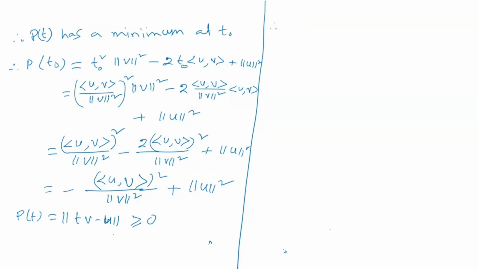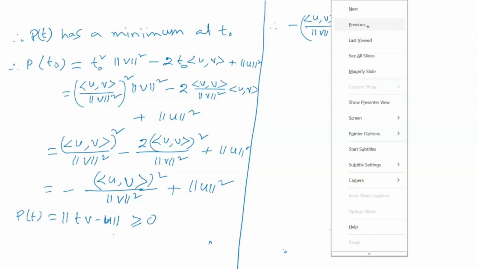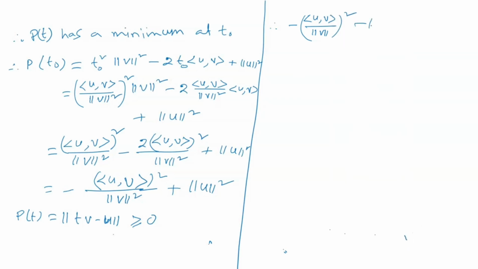Therefore minus ⟨U, V⟩ whole square over norm of V whole square plus norm of U whole square is greater than or equal to 0.